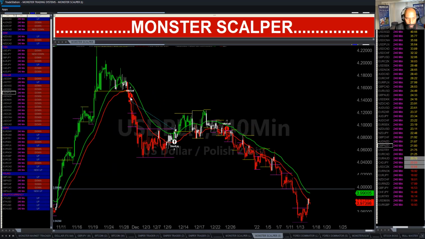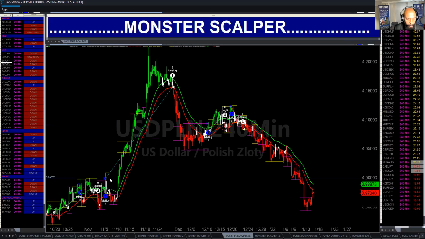Here's the short signal right here. When it closes this short trade, which could happen soon, start watching for the buy-in to come in on your long system right here.